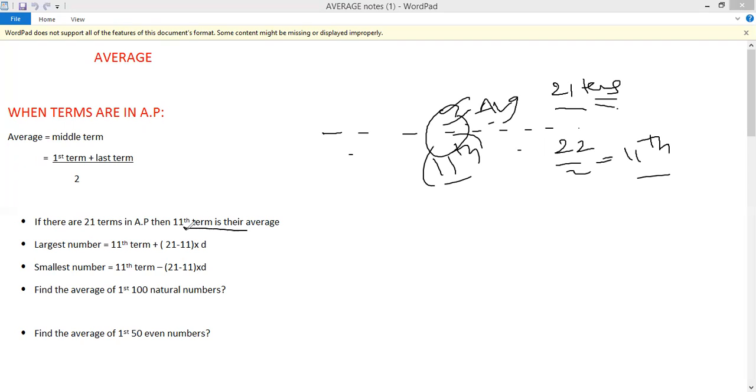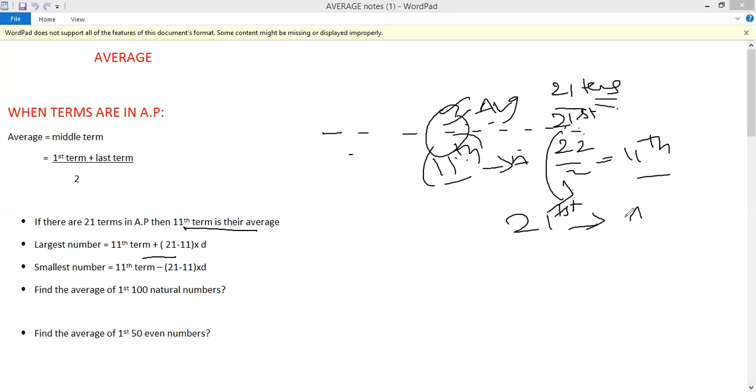Suppose I want to know the 21st term, which is the largest term here. Already you know the 11th term, the average.